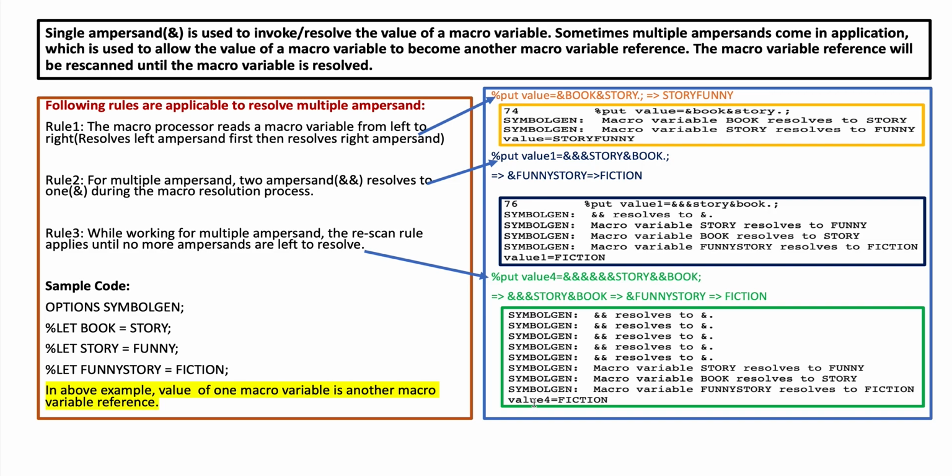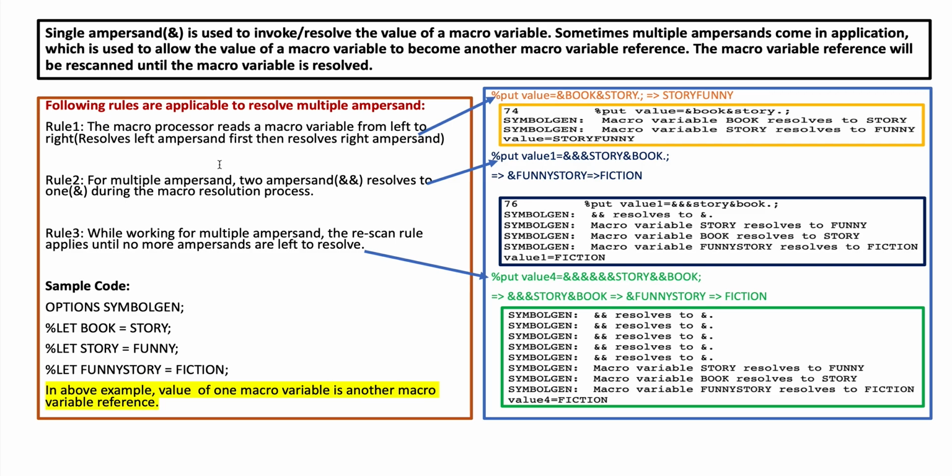The macro variable reference will be rescanned until the macro variable is resolved. The following rules are applicable to resolve multiple ampersands. Rule number 1. The macro processor reads a macro variable from left to right. That means it resolves the left ampersand first, then resolves the right ampersand.